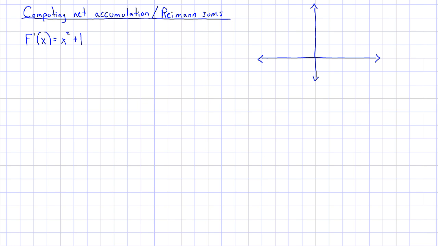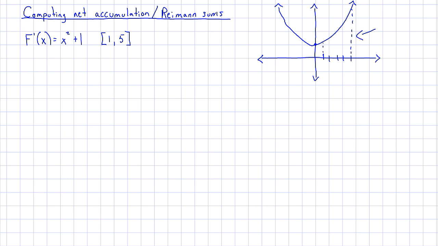X squared plus 1 is a parabola facing up with the vertex at the point 0, 1. I'm sorry, the interval that I'm interested in here is 1 to 5. So this is kind of the area that I am attempting to find.